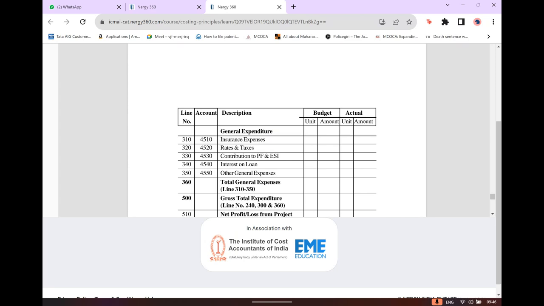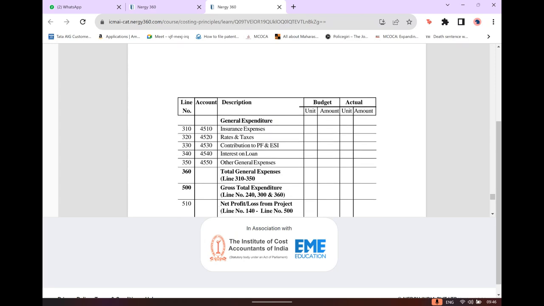Because we are talking about project accounting, we will take all the income and expenditure. So we'll not only be concerned about the cost here. When we talk about cost, the interest on loan will not be considered. But here we are talking about project accounting where income is also there, expenditure, so everything is there. So here you can include the interest on loan.